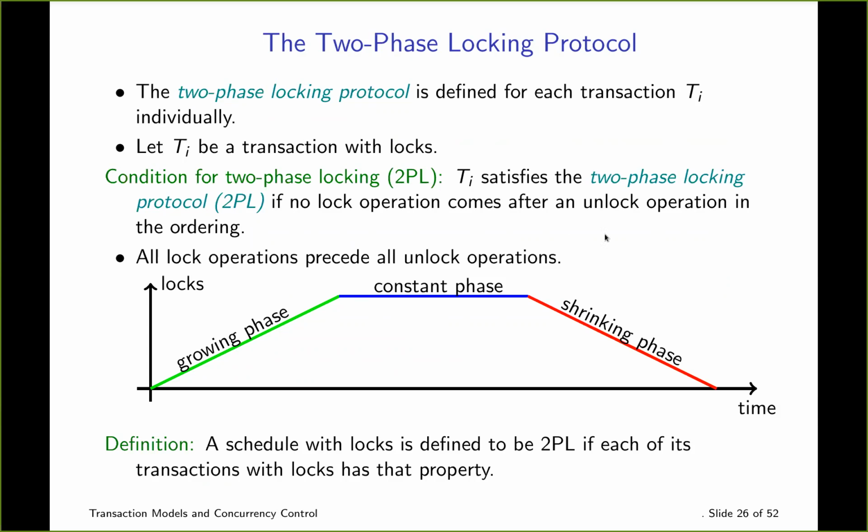Let's talk generally about how this gets implemented. There's something called the two-phase locking protocol. In two-phase locking, we impose the following condition over locks inside of transactions: you have to gain your locks in a growing phase, making all your lock requests, and then release your locks in a shrinking phase.